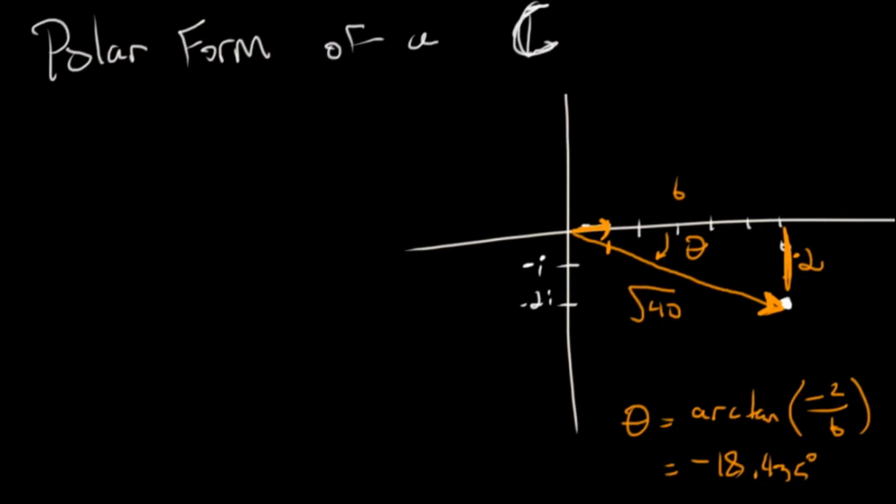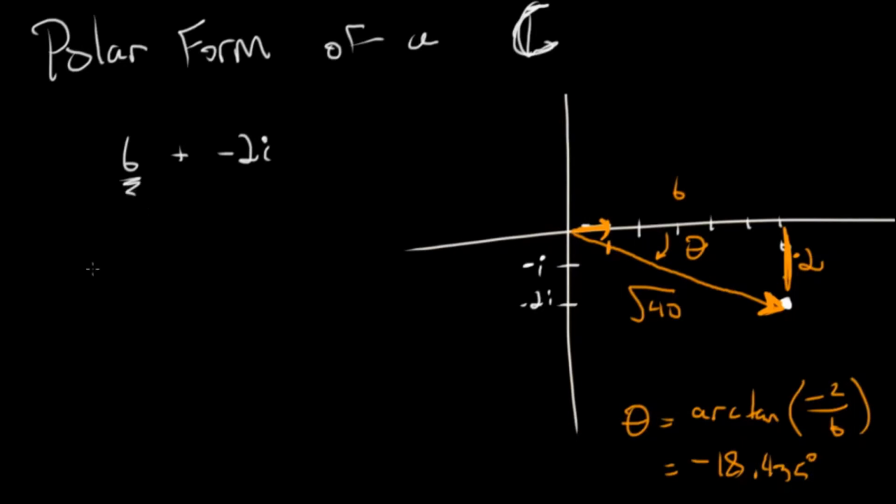All right, let's describe this thing using polar. It has an x coordinate of 6 and a y coordinate of negative 2i. How can we describe this? Well, there's another way we can write 6.